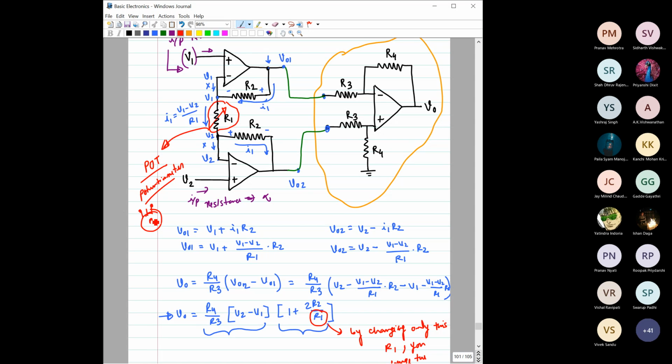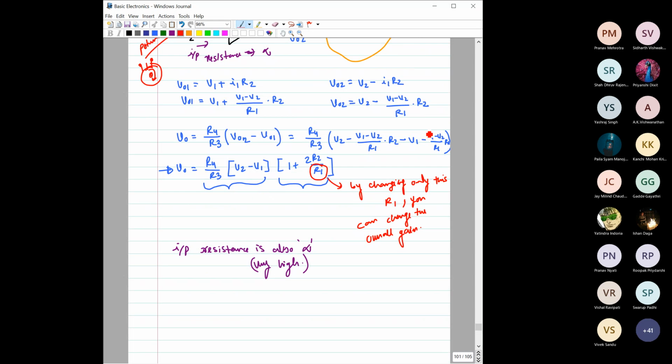If you connect between these two and rotate the knob, you can change the resistance between these two terminals, right? The working principle and what is inside has already been discussed in the previous lectures. So just use one pot here, and by changing the position of the pot knob, you should be able to change the gain of this instrumentation amplifier. It performs almost the similar operation to what you achieved from the difference amplifier. I hope this part is clear to you.